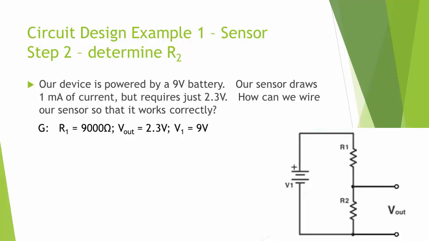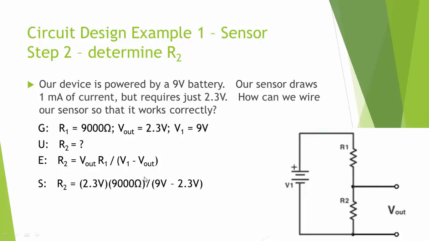With R1 of 9,000 ohms, we know our output voltage, we know our input voltage, we just have to find R2. So we use our equation for R2: our output voltage times R1 divided by V1 minus V out is the resistance we need. Substituting in, we get 3,100 ohms.